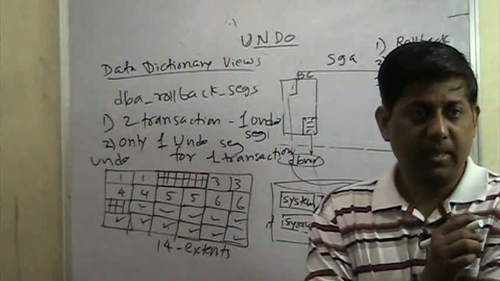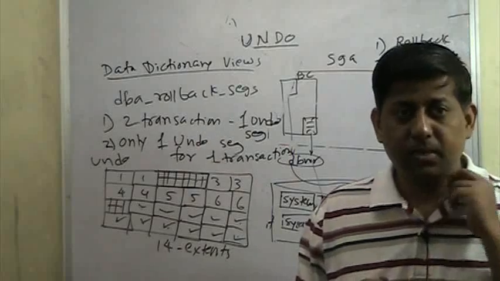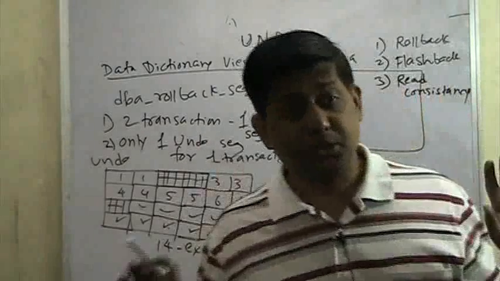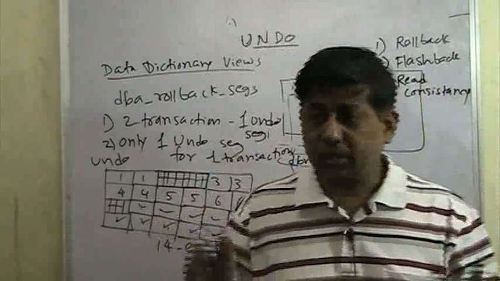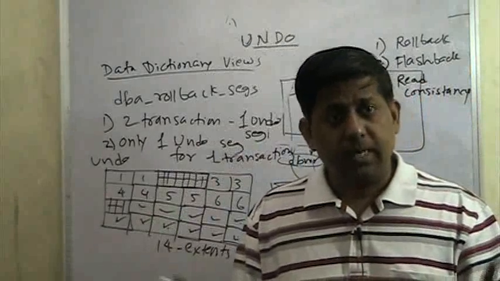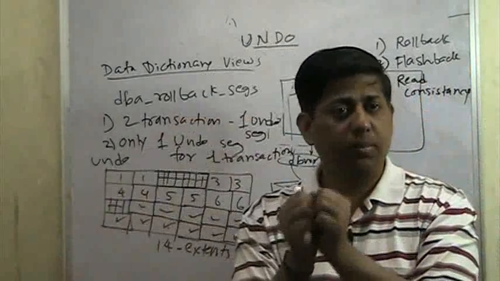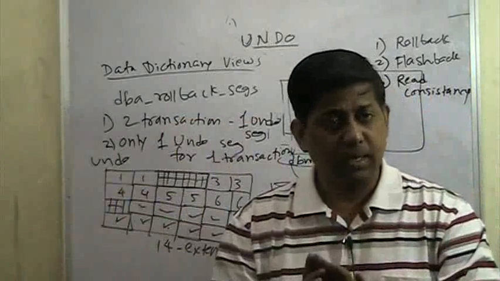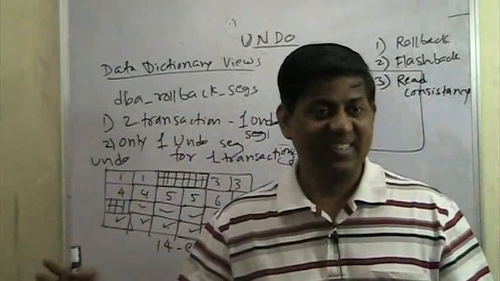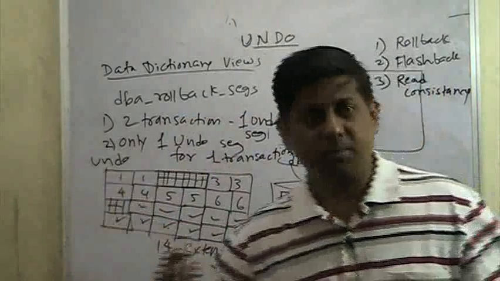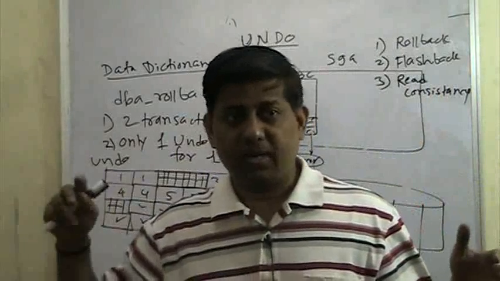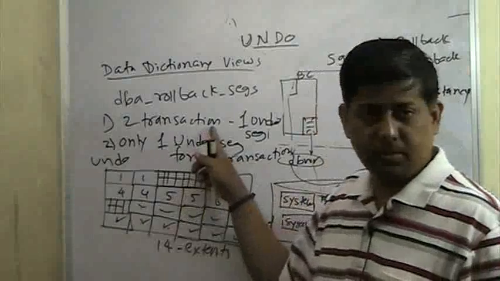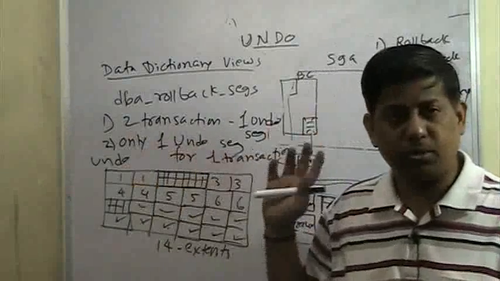At a time, 10 transactions can have one undo segment allocated to them. All of them are working and growing the size of the segment.